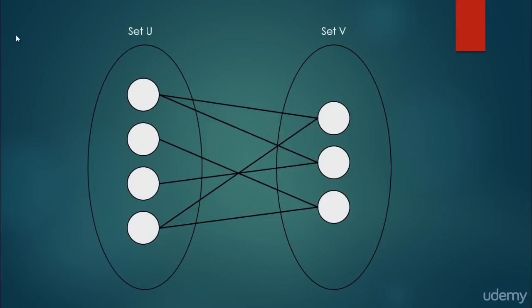In this situation, these edges are undirected, and usually in a bipartite graph these edges are undirected, but of course we could use directed edges as well. So there are several edges connecting these nodes from disjoint sets U and V. So this is how disjoint sets look.